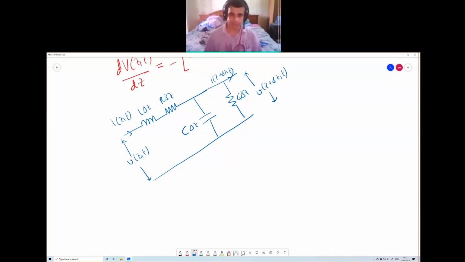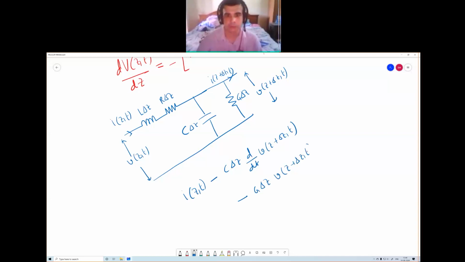If we apply KCL, we will see that I(z,t) minus C delta z d/dt of v(z plus delta z, t) minus G delta z v(z plus delta z, t) is equal to I(z plus delta z, t).